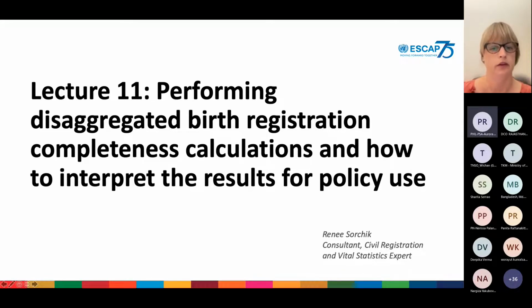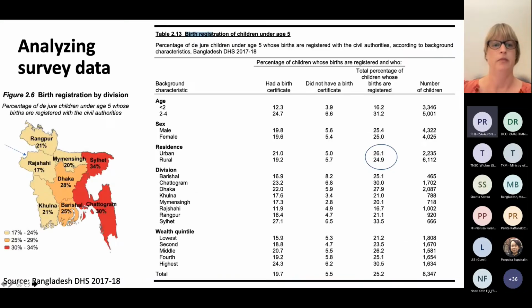So now we're going to look at birth disaggregation completeness calculations and how to interpret them for policy. And I'm just going to mention survey data briefly here because I know a number of you mentioned that you had a MICS or a DHS in your country. So there's likely some analysis that's already been done for you.